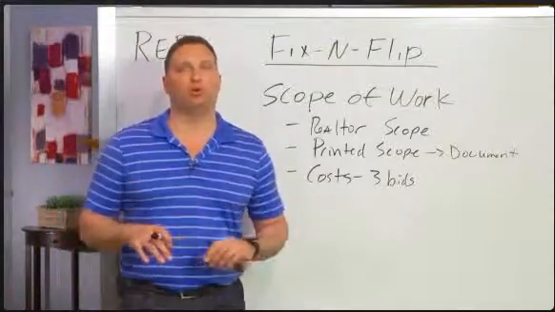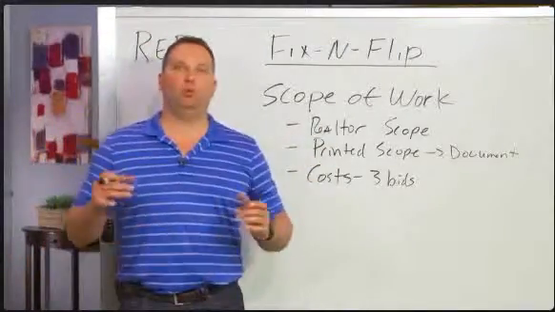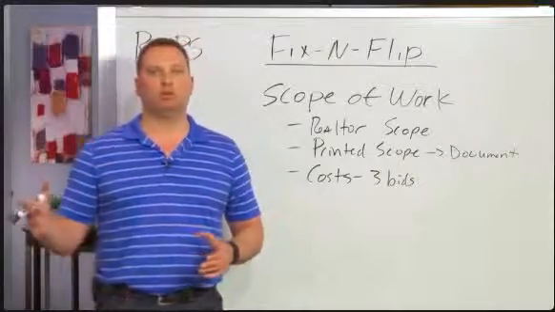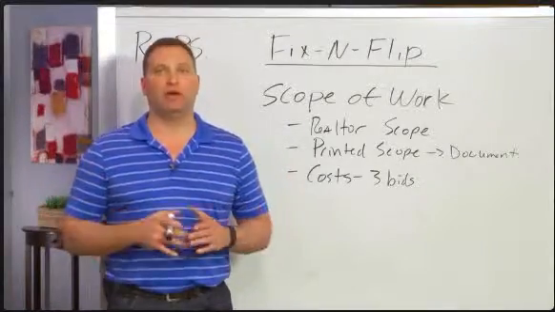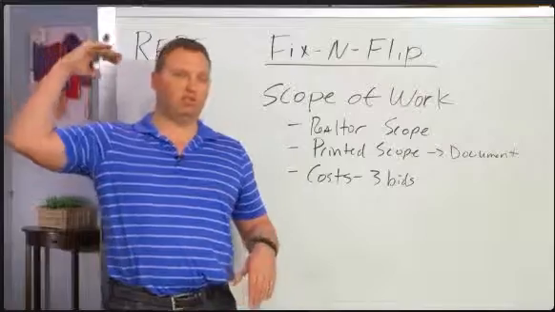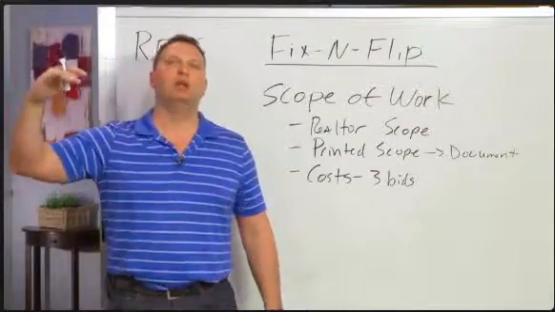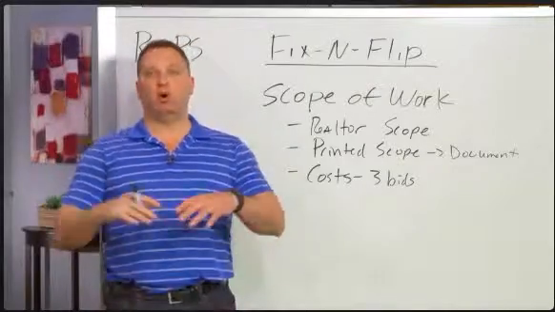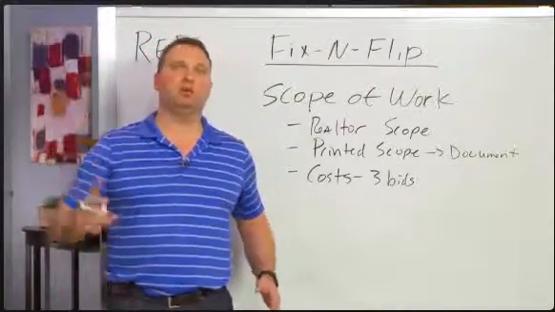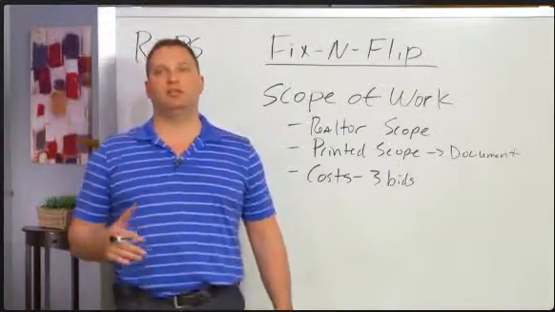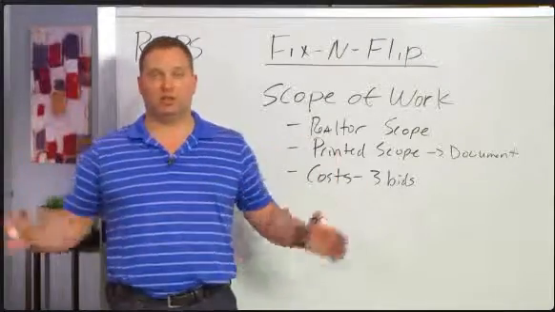First of all, the realtor scope. Why did I put a realtor scope? What I'm asking here is I want the realtor to tell me, hey, we just did some comps and you said this house was worth $100,000. Okay, so what, in your opinion, walk through the house with the realtor and get their opinion on what they think they need to do to that house in order to sell it fast.